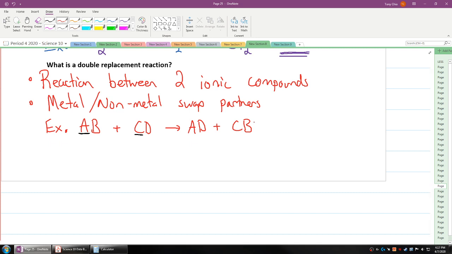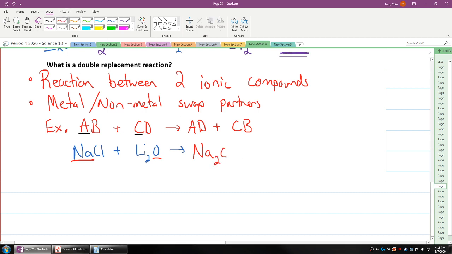So if I write an example, if you have, for example, NaCl plus lithium oxide, you're going to get a switching where sodium, which is initially with chlorine, is now going to be with oxygen. Charges still apply: sodium is positive 1, oxygen is minus 2, so you're going to need 2 sodiums to balance out this oxygen.